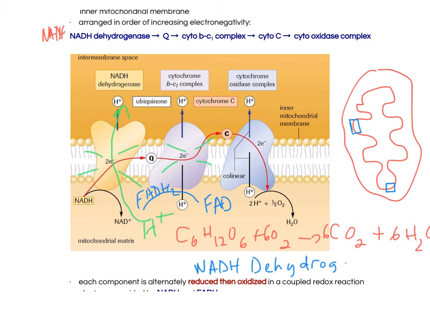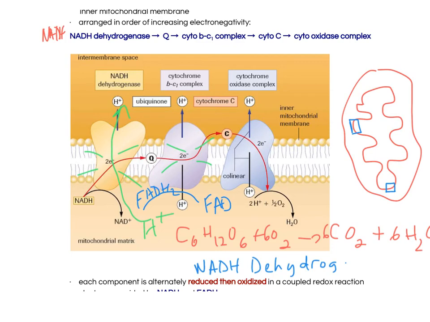Well, NADH is able to go through all three of these components of that electron transport chain, which means that it's pumping out 1, 2, 3 protons for every NADH molecule. Whereas FADH2 is starting right here at that second complex, and so it's only going to be able to successfully pump out 1, 2 protons per FADH2 molecule.